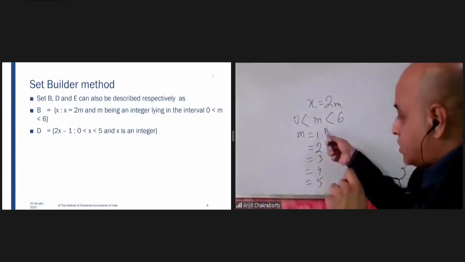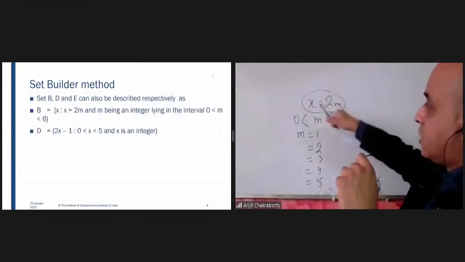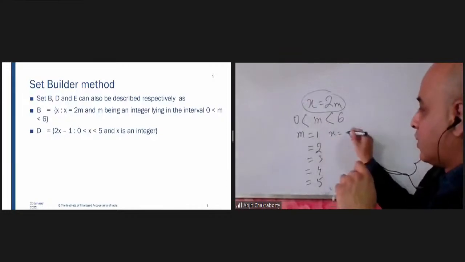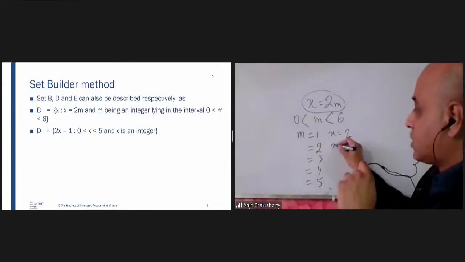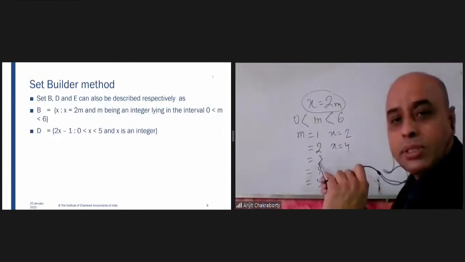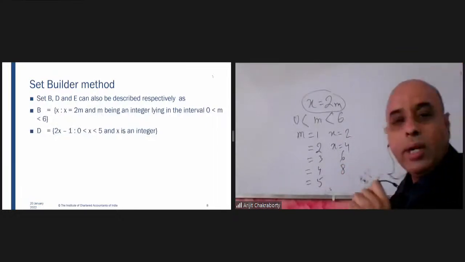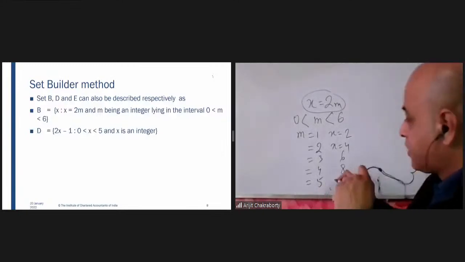So when m is 1, the relation given is x equal to 2m, so x will be 2 into 1, that is 2. When m is 2, x will be 4. When m is 3, x will be 6. When m is 4, x will be 8. When m is 5, x will be 5 into 2, that is 10.